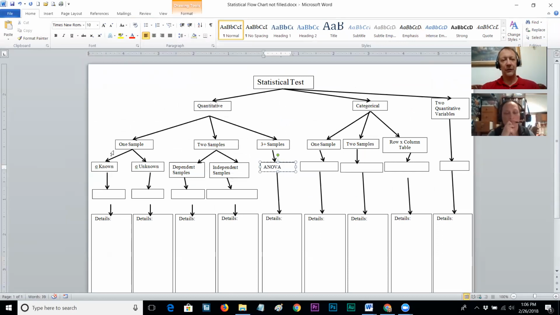If sigma is known, this is a one sample Z test. If sigma is unknown, it's a one sample T. If you have two samples and they're dependent, it's a paired T-test.